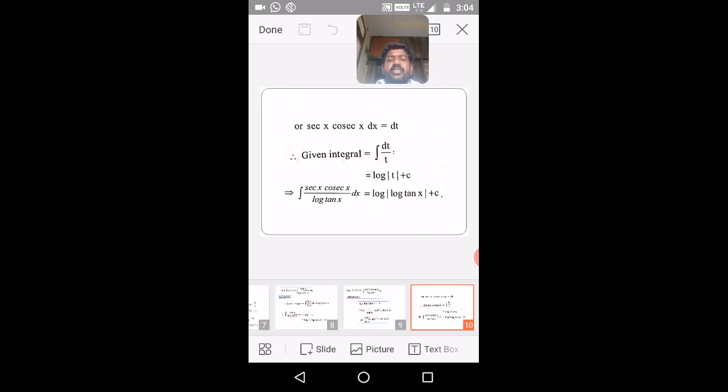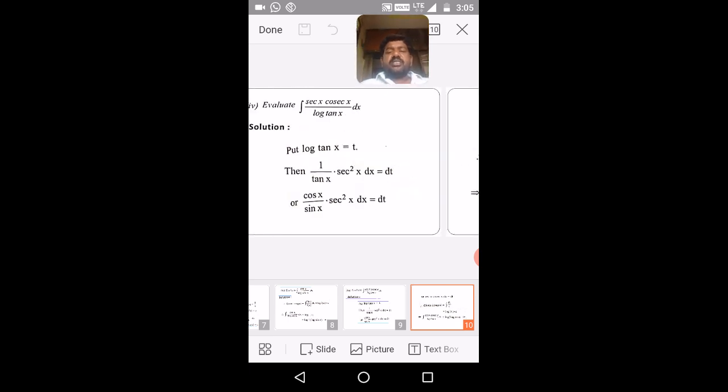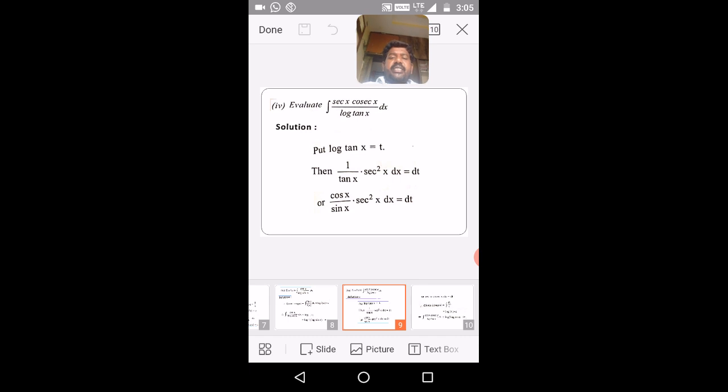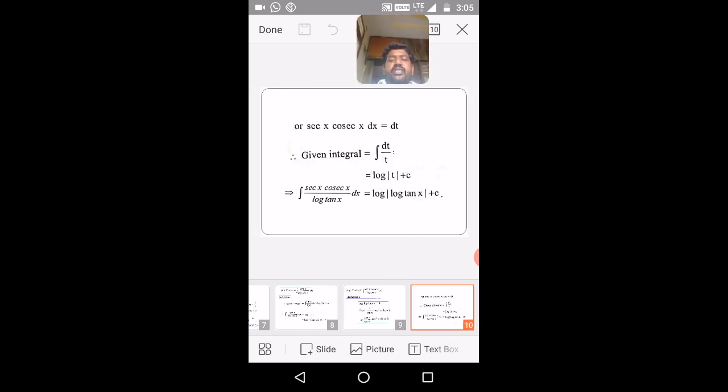Then it is the integral of dt by t, which is log t plus c. Therefore the integral of sec x cosec x by log tan x dx is log of modulus of log tan x plus c.